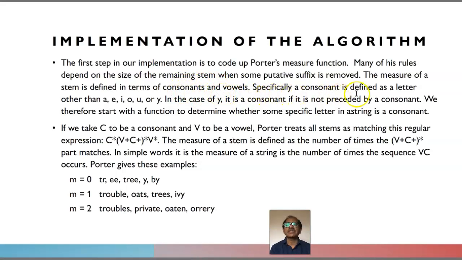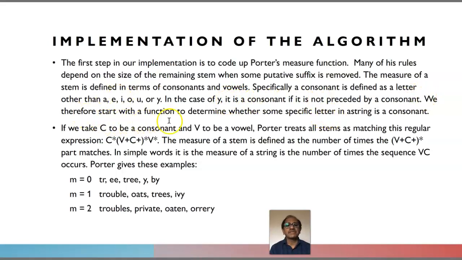Specifically, a consonant is defined as a letter other than A, E, I, O, U or Y. Y is also considered a kind of vowel here. In the case of Y, it is a consonant if it is not preceded by a consonant. Like for example, when you say try, Y is preceded by R, so it is a vowel.